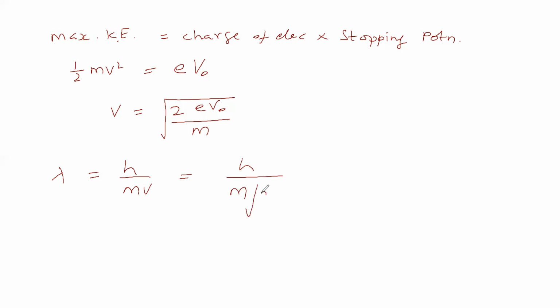We are substituting V, and it is equal to so and so. Now lambda is de Broglie's wavelength, h is Planck's constant, m is mass of electron, because we substituted the charge of electron here, E is charge of electron, V0 is stopping potential. Okay, so this formula we got.